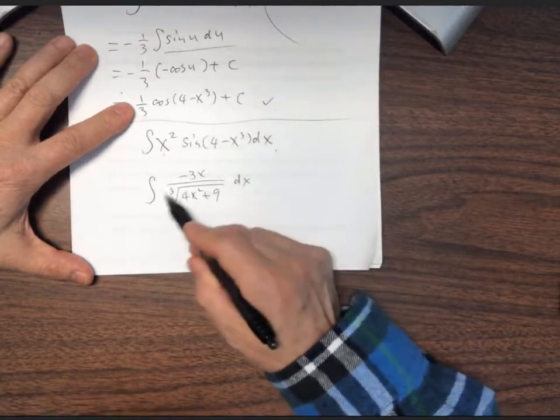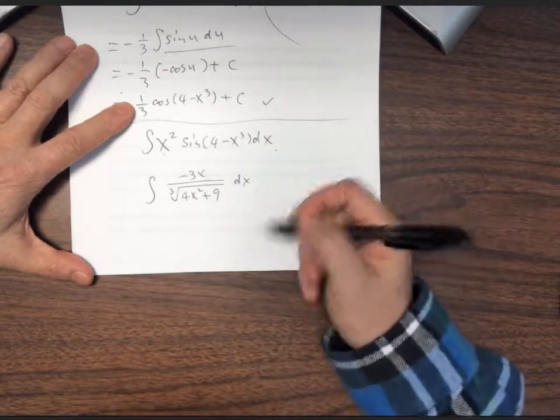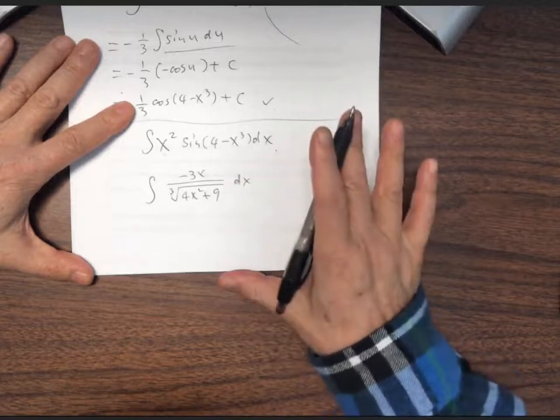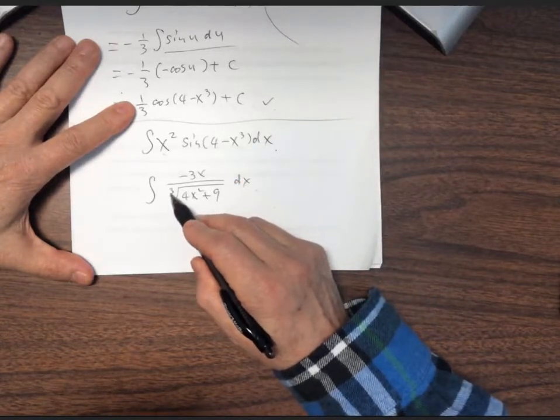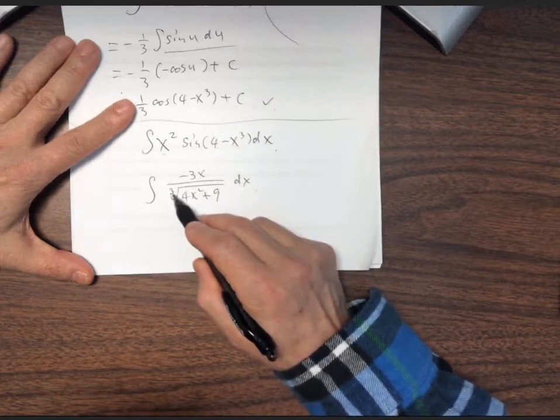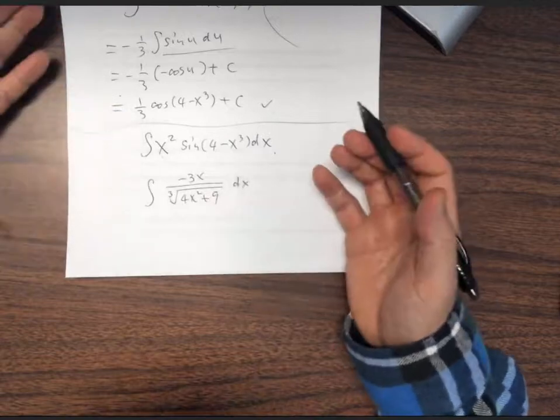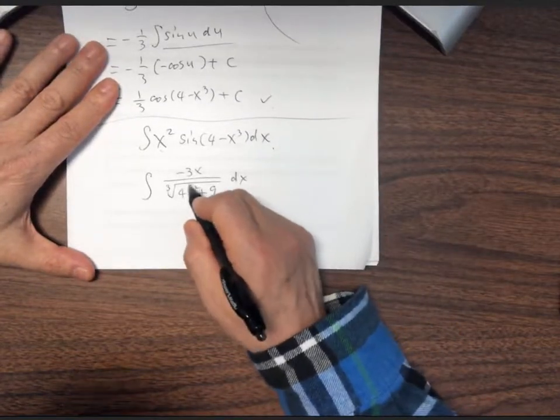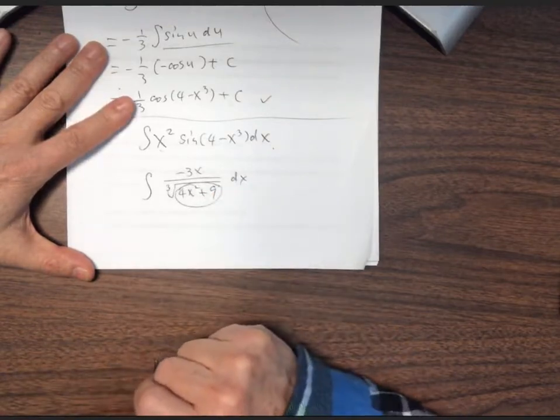This is more complicated, so we want to simplify this, hopefully by using some substitution. Now, in order for any substitution to work, if we can reduce this expression to cube root of u, that will be just a simple power of u that we can integrate, right? So naturally, we want to consider this to be u.